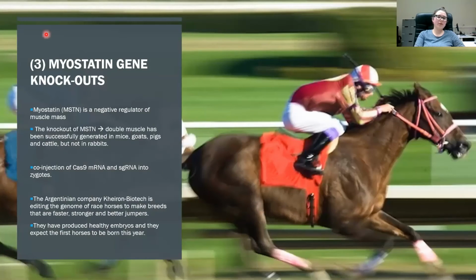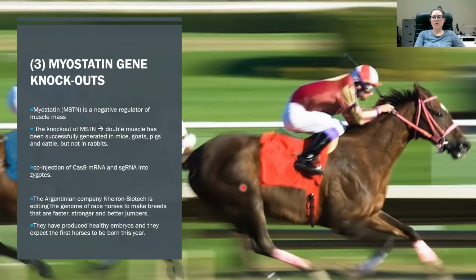And the last application I wanted to talk about is, I think, the most famous one. It's the first thing that comes to my mind when you talk about the CRISPR-Cas system. It's the myostatin gene. This gene is a negative regulator of muscle mass, meaning that people who have a lot of myostatin protein will have reduced muscle mass.